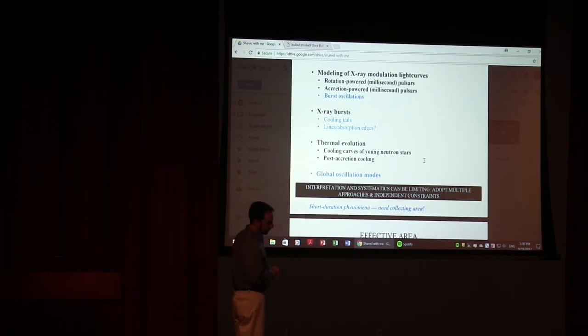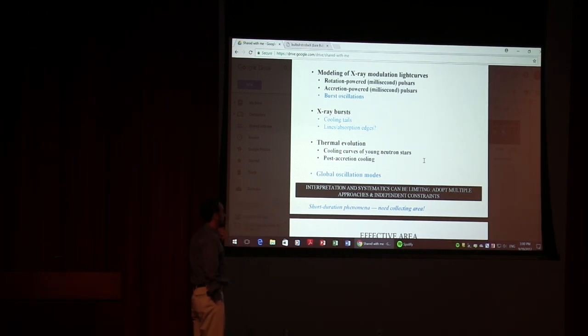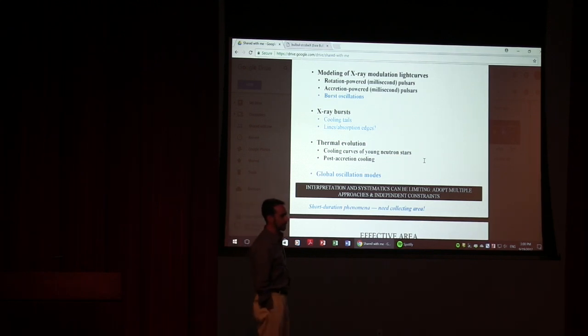Anyway, the key here for STROBE-X is that several of these, the ones in blue, represent short duration phenomena. And when you have a persistent pulsation, as we do with rotation powered and accretion powered millisecond pulsars, you can substitute collecting area. If you have a lack of collecting area, you can make up for it by having deep exposures.